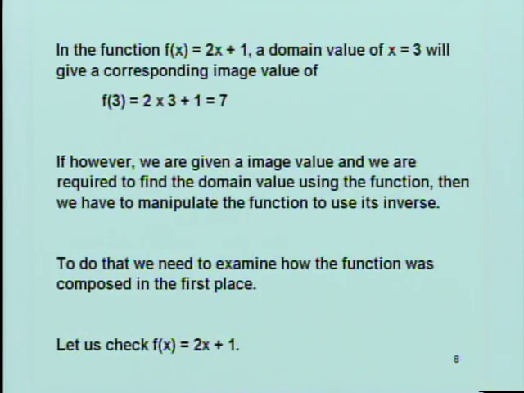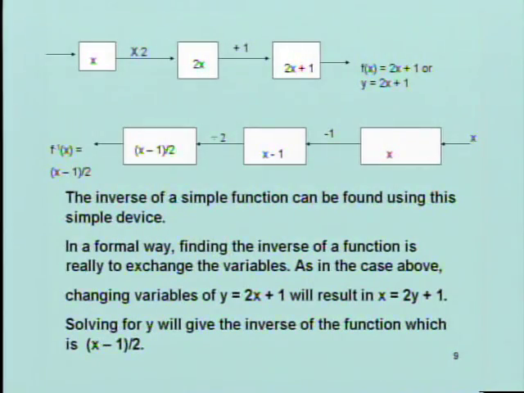Let us check for the function f of x is equal to 2x plus 1. Here we use a diagram to show how the function is built. We have 3 boxes. x is in the first box, and this kind of device is called a function machine.